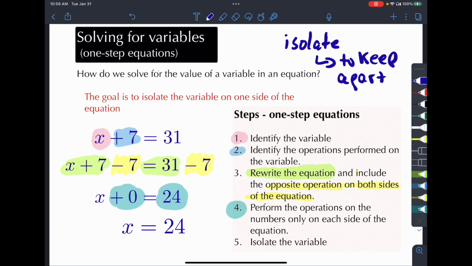We could just cross it out if we wanted to. And so we're left with x is equal to 24. There we go. Notice the x is isolated. It's on its own on the left side of the equation. So here x is isolated.